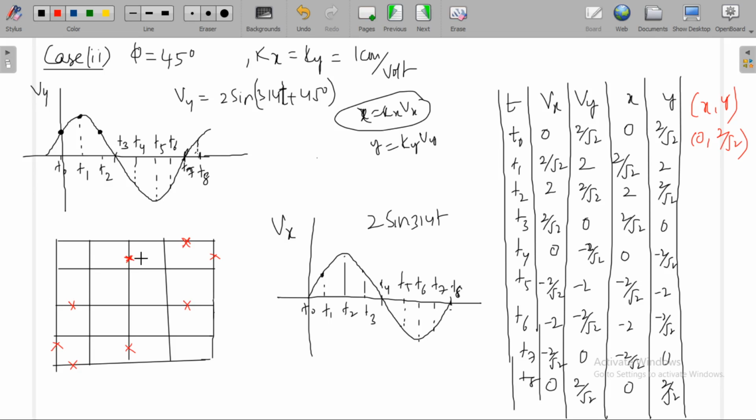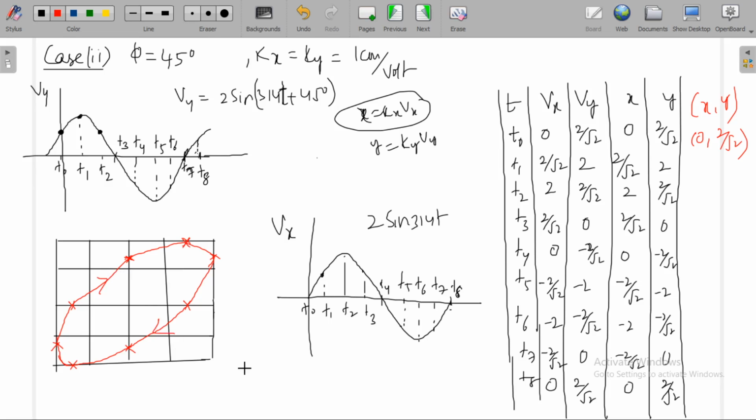Okay, same point. You're going to get the same point. Then this is rotating in clockwise direction. So you're going to get an ellipse like this, in clockwise direction.